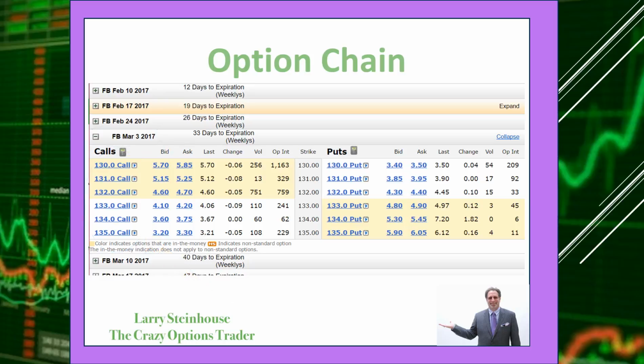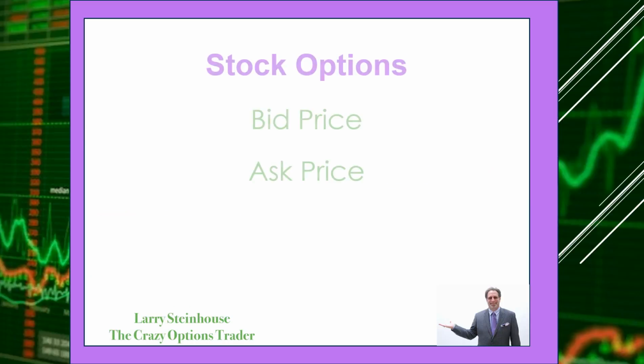Okay, the next part of this chart, again, for Facebook March 3rd, 2017, is the bid and the ask price. These are the prices you're going to pay for the option. Now let's talk about the difference between the bid and the ask price. And you can see there is a difference between the bid and the ask. And it's very simple. The bid price is the price someone is willing to pay for this option currently.